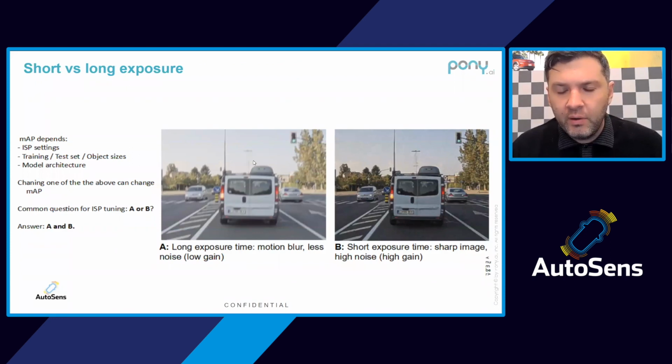Same outside, where the dynamic range is much wider, we can see that the long exposure produced a blurry scene. Even though the noise is not noticeable, the image is not sharp. And the short exposure with a high gain gives a sharper image, but the noise is quite noticeable.